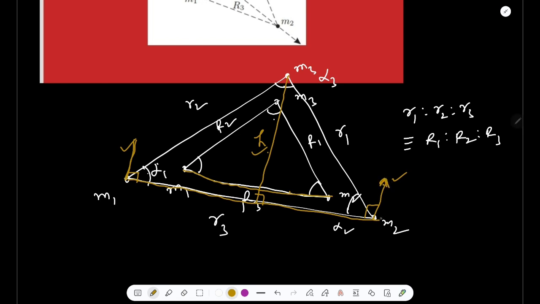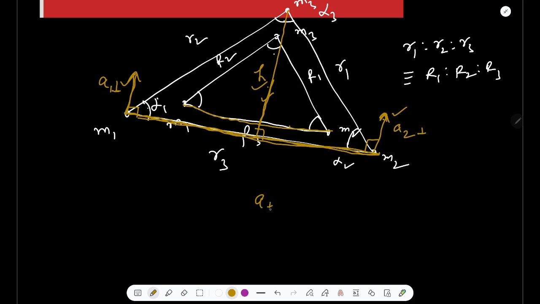If the acceleration of m2 is a2, its component parallel to this line is a2 perpendicular, and suppose the acceleration of m1 is a1, its component parallel to this line is a1 perpendicular.